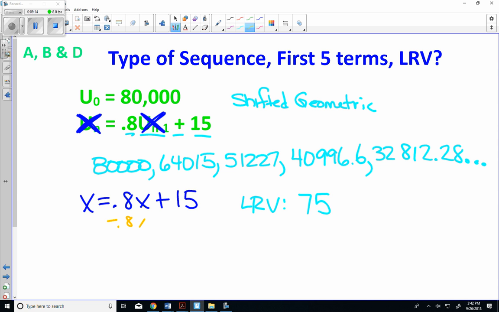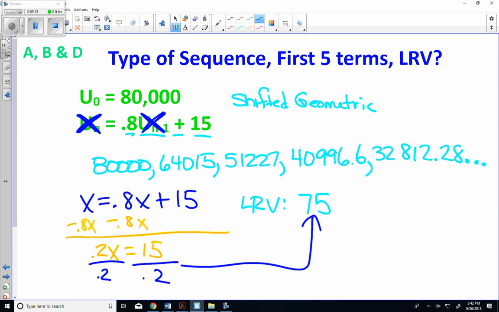Subtract 0.8x, and you'll have 0.2x equals 15. Divide by 0.2: 15 divided by 0.2 is 75. Then you can save yourself some time and not have to push the equal sign all the time. Or you can just keep pushing the equal sign and get there as well.